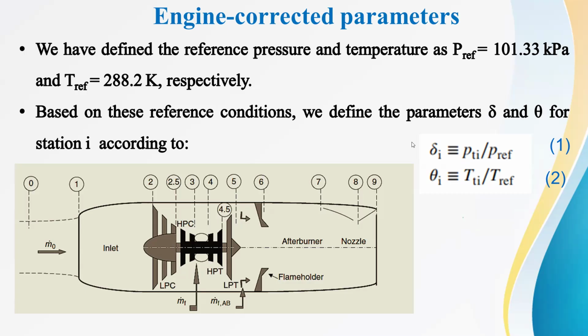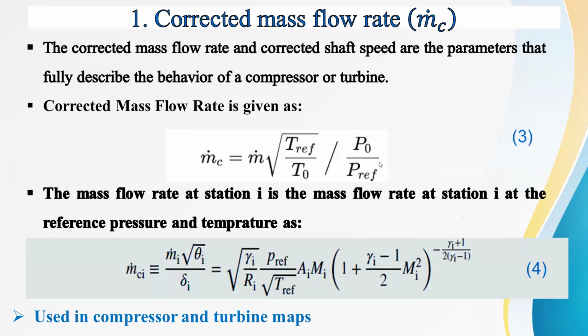These values are useful for the following section, so you have to understand what delta i and theta i are. Theta i is the ratio of temperature: the total temperature at any point i in the engine divided by the reference temperature, 288.2. Based on that, we will proceed with our discussion.